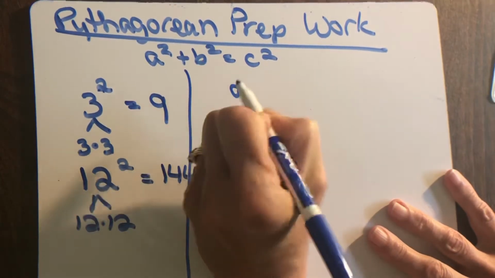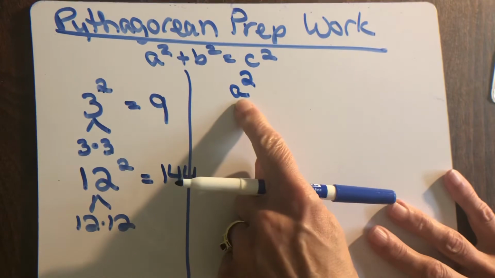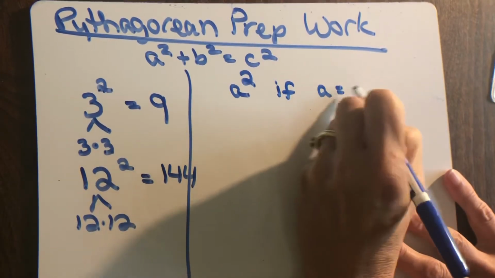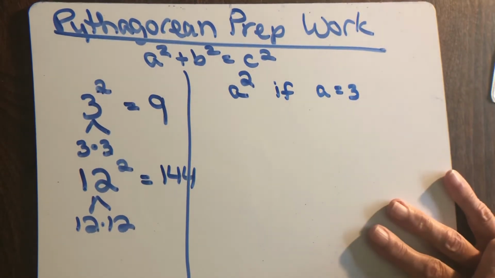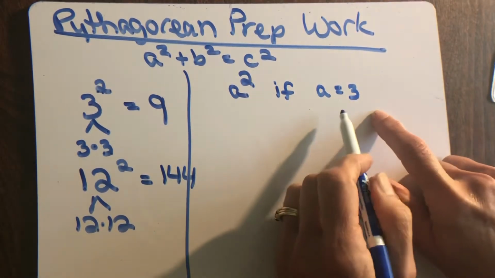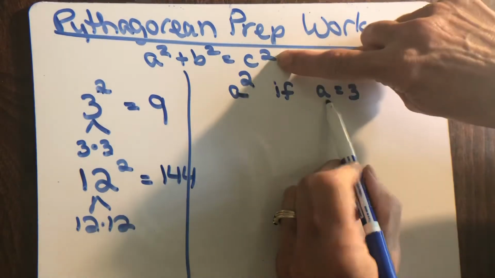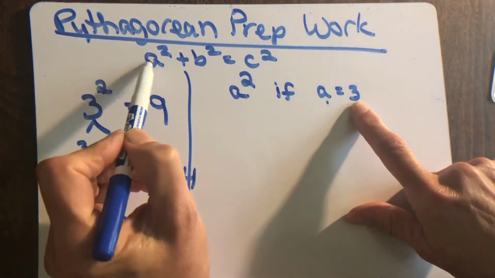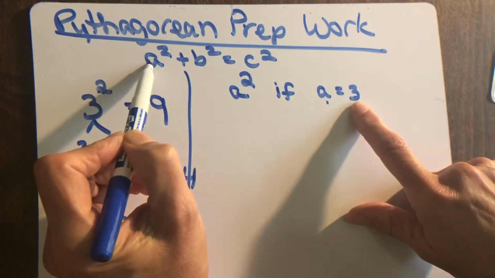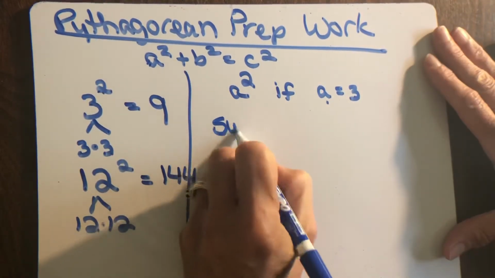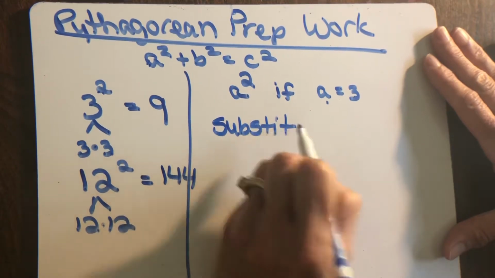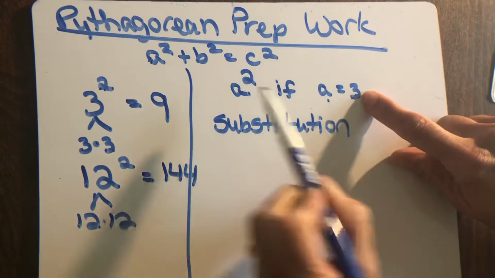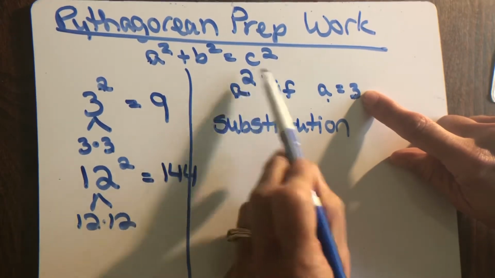Okay, now let's continue on. And let's do a variable. Say you got a squared if a equals 3. Because this is where we're going with this, into our Pythagorean work where we have the formula and we have a number, and that number's got to be put in the formula. So that's called substitution. Remember that math word. So we want to substitute the 3 for the a and do whatever math is required.